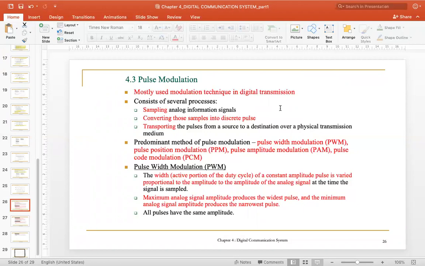The application stated in chapter 4 part 3 is satellite communication. However, it's not covered in your final exam, just for your extra information.